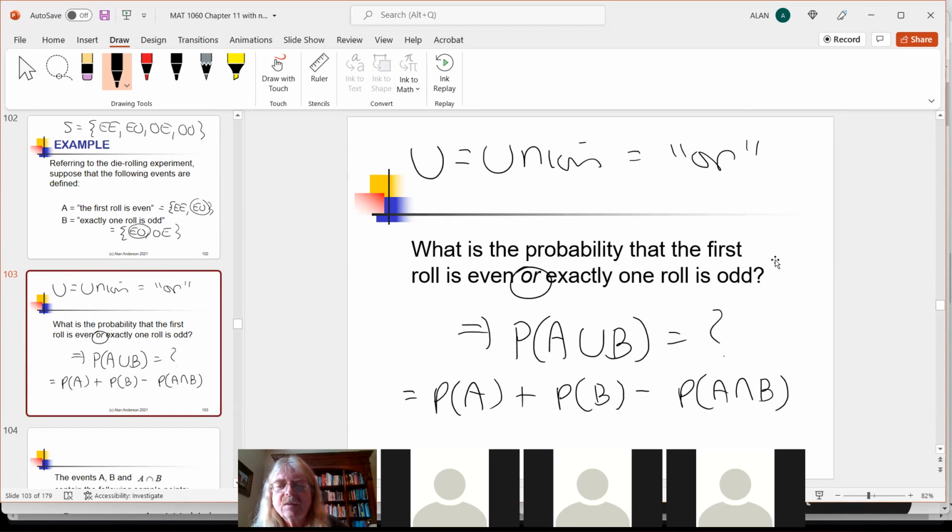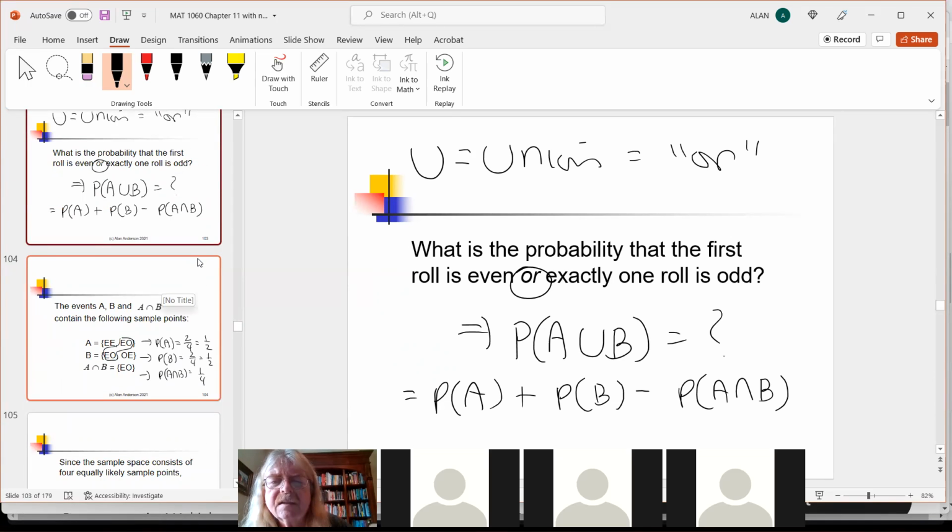That's your signal that we're going to use the addition rule. The or is equivalent to union. So what we have to do is figure out the individual probabilities and then plug them into this addition rule formula.